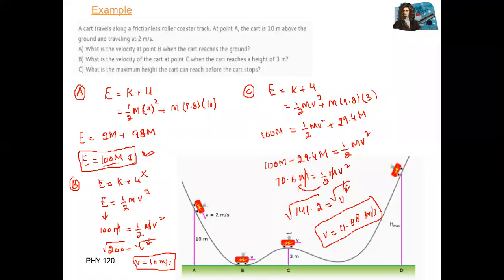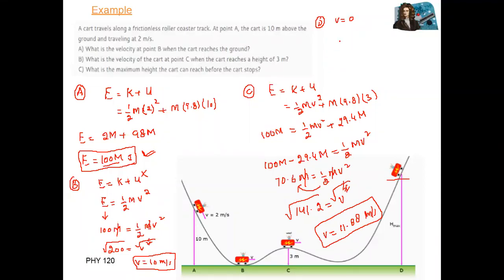Now at position D, we don't know the maximum height reached by the body. So if we consider this the maximum height, at maximum height, speed is equal to 0. The body remains at rest.